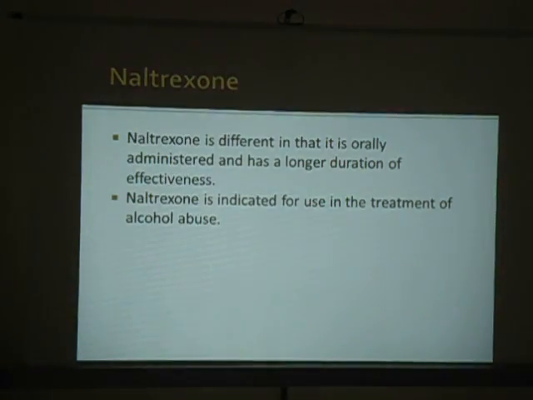Omeprazole, alcohol dehydrogenase; disulfiram, aldehyde dehydrogenase; metronidazole, aldehyde dehydrogenase; ondansetron, aldehyde dehydrogenase. Then what else can be tried here? We use some of the sedative drugs, chlordiazepoxide, clonazepam. There are so many drugs we try in this withdrawal syndrome also.